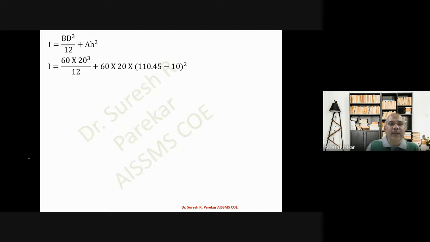Now we know BD cube by 12 plus A into H square. Now if I will draw this diagram over here, then you are going to understand the things very easily. Already we are with these I values. Already we have calculated it, and now we have 110.45 from top, and therefore Y bar we have for this center to center distance.